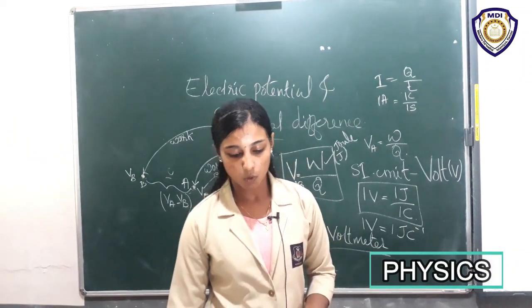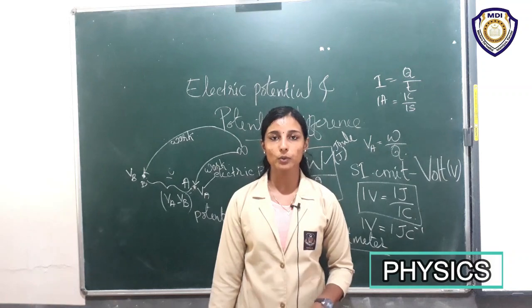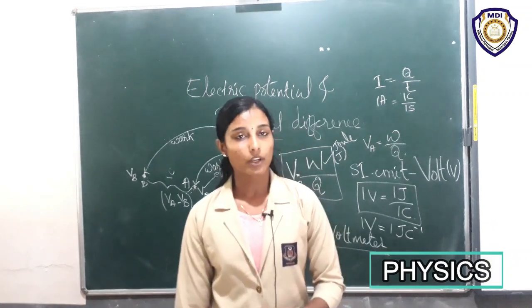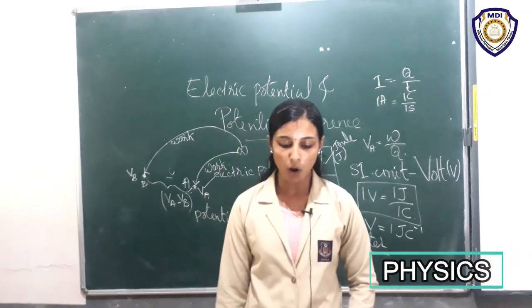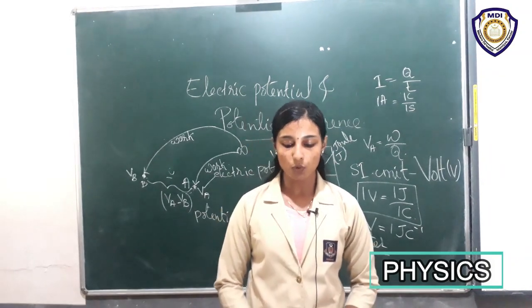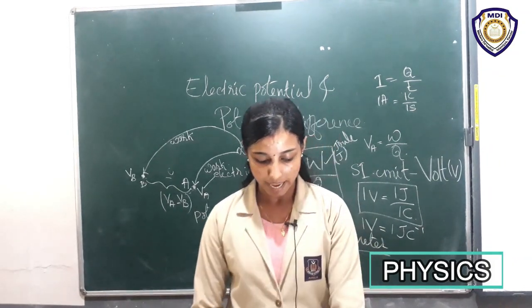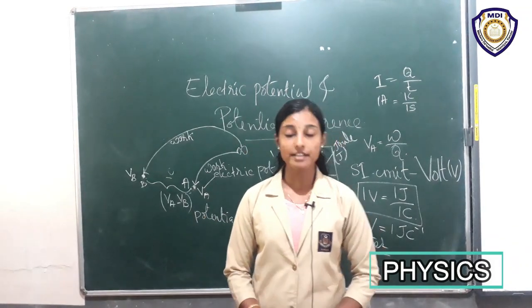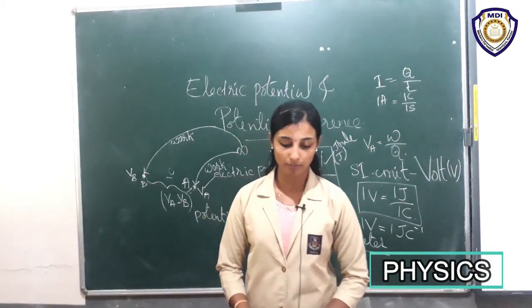So an example is given to you, a problem. How much work is done in moving a charge of 2 coulomb across 2 points having a potential difference of 12 volt?